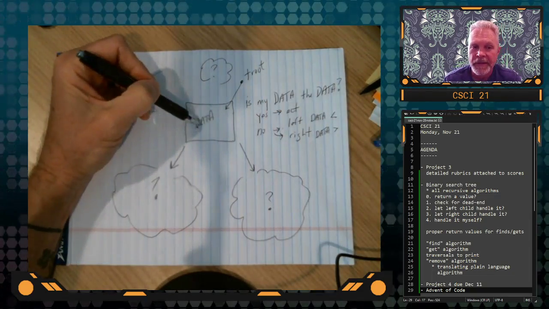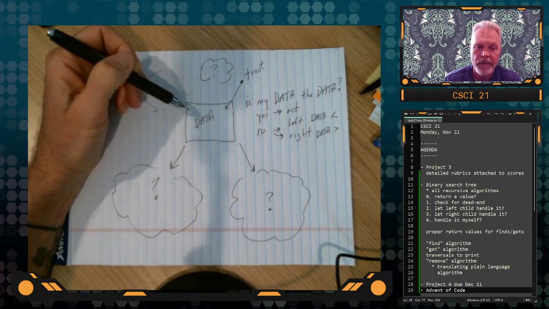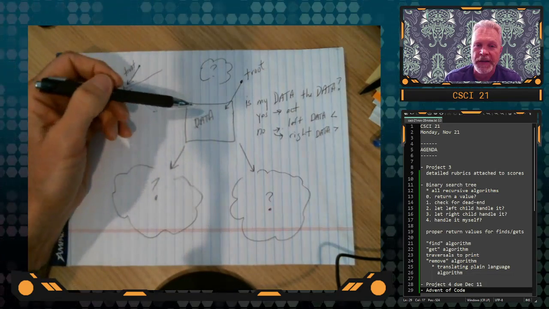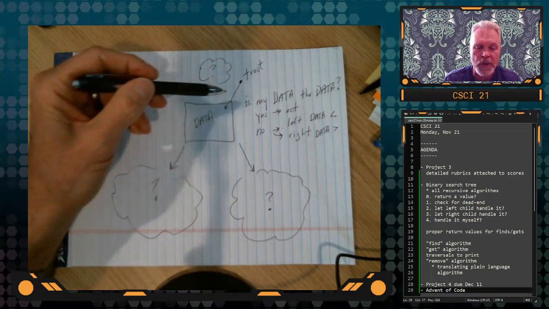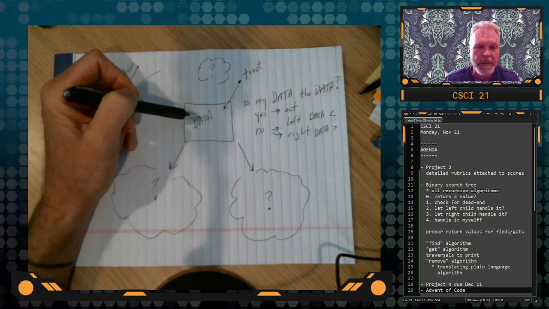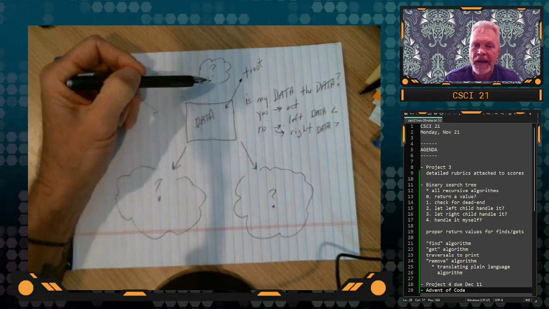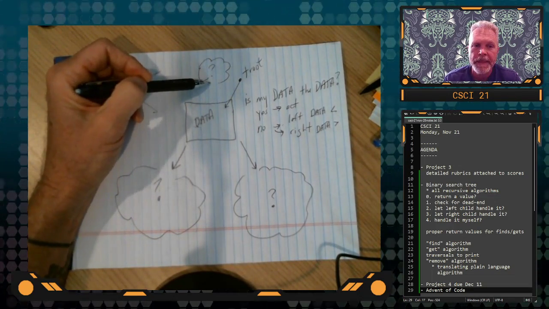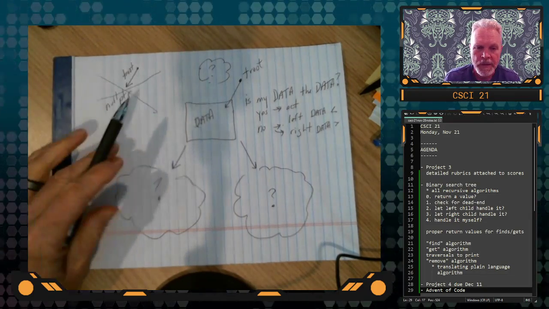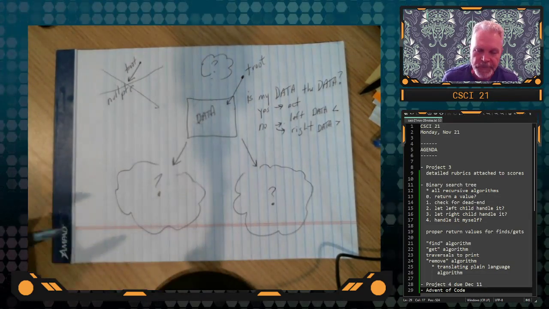Is this the data that I want to work with? And if I go down the right child, it's the same thing. We kind of reset our view to be a node with some data and possibly left and right children. And however I got here, I don't know. All right. So anyway, it takes practice.